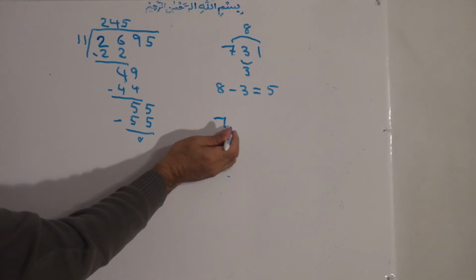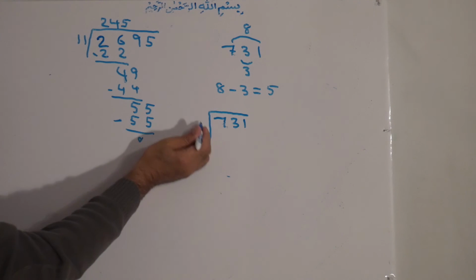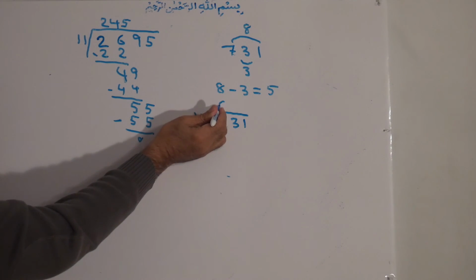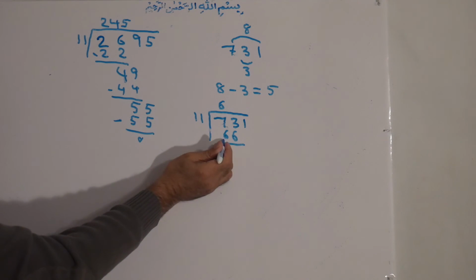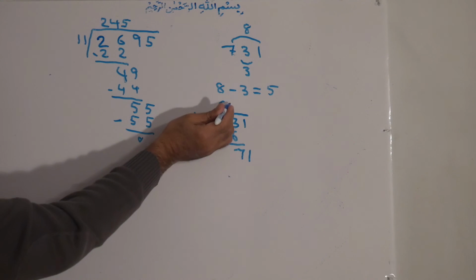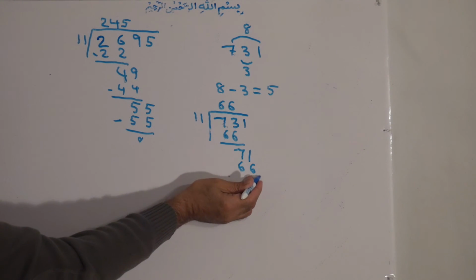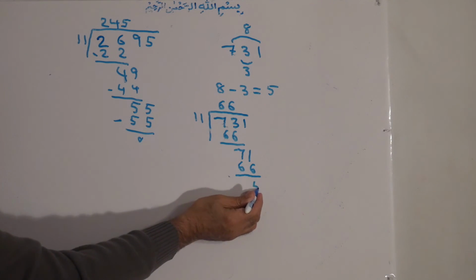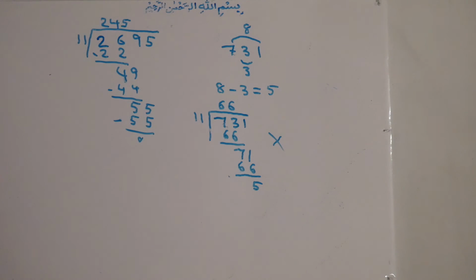We check: 731 divided by 11. 6 times 11 is 66. 73 minus 66 is 7, 1. Again 6 times 11 is 66. 71 minus 66 is 5. So it is not divisible by 11.